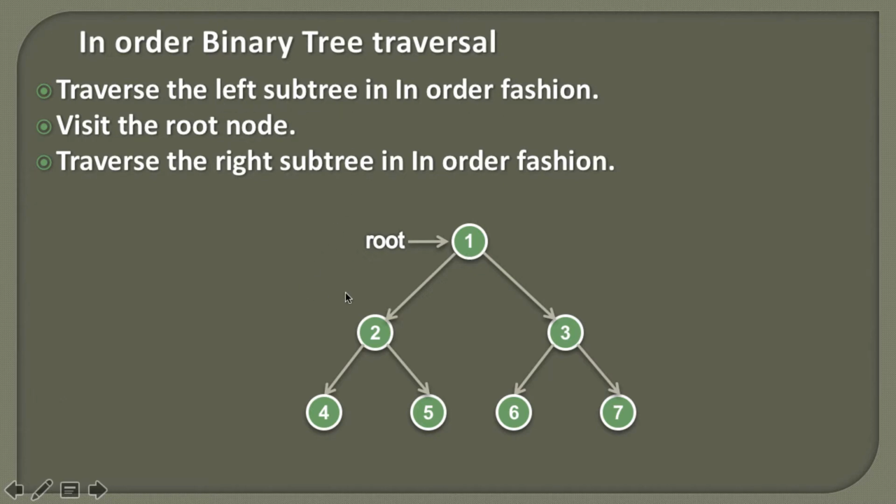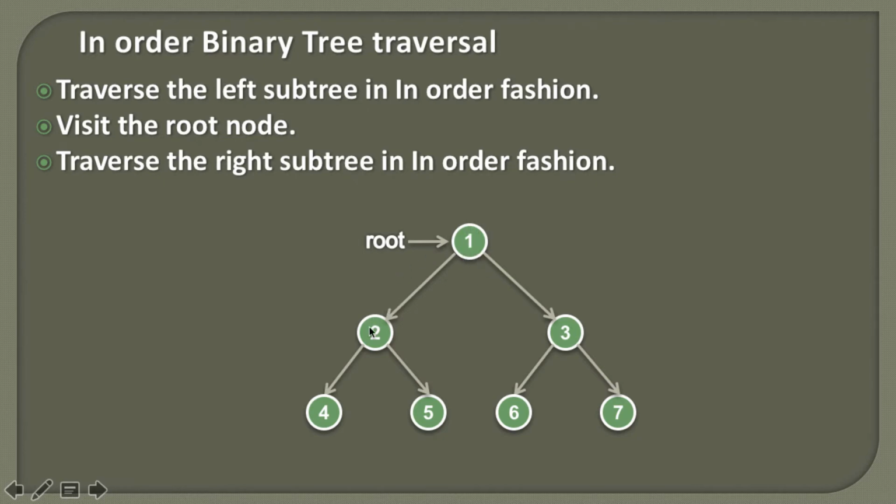Here you can see this is the complete left subtree which we want to traverse before we process this node. And after we process this complete left subtree, we then visit this node, and after visiting this node we go to its right subtree. So when we are at node 1, before processing this node we go to its left subtree.